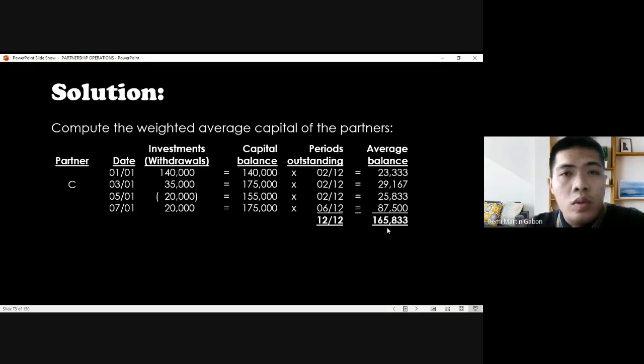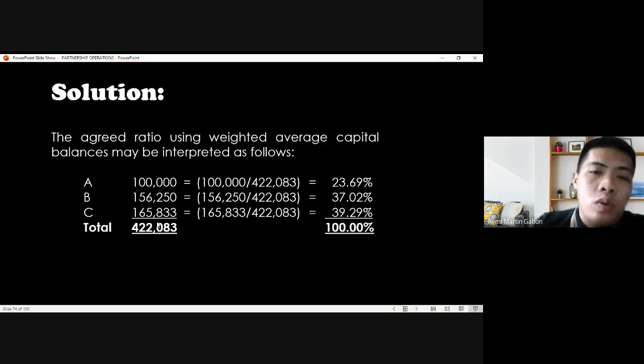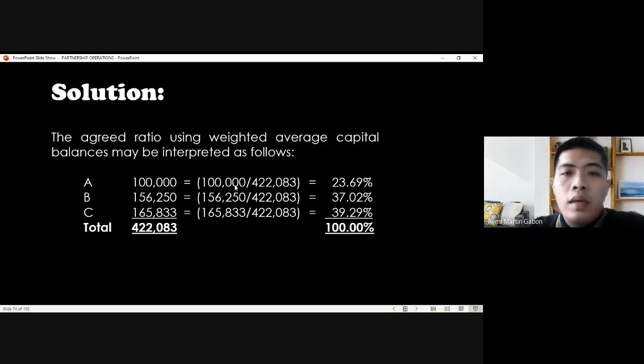Okay, the same goes what we have done in the previous assumptions. So 100,000, 156,250, and 165,833. We cannot make use of initials because of whole figures that we have for B and C. So make fractions. 100,000 over the total is 422,083, or we can make percentage.